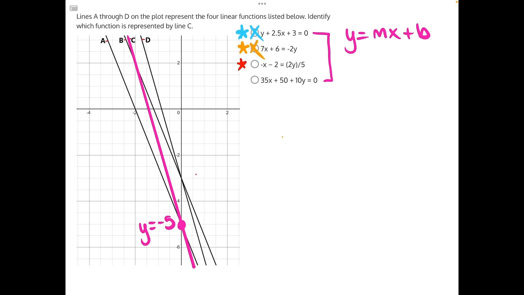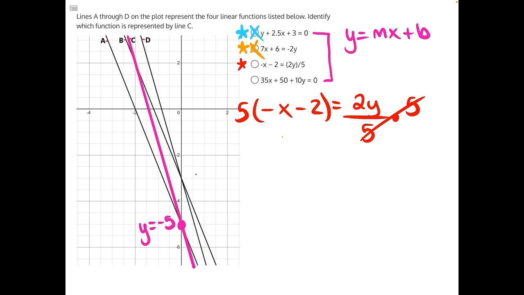Answer choice C says -x minus 2 is equal to 2y divided by 5. To isolate our y variable, let's get rid of this 5. It's being divided, so we need to do the opposite and multiply everything by 5. These will cancel, and on the left-hand side, we'll need to distribute this 5. 5 times -x will give us -5x, and 5 times -2 will give us -10.